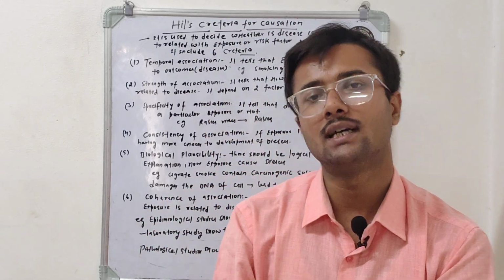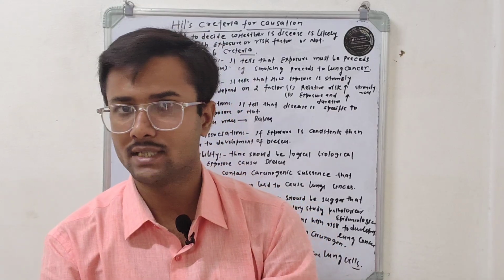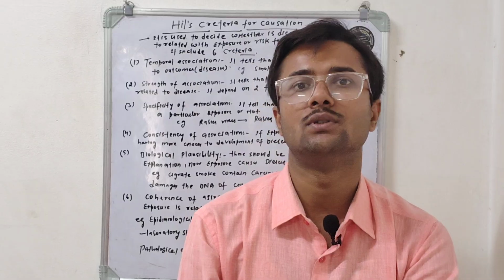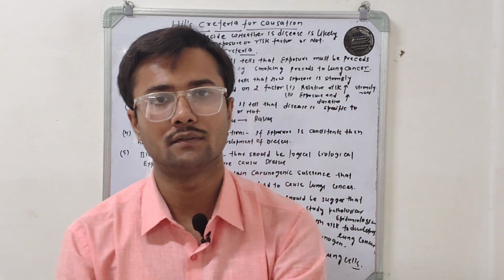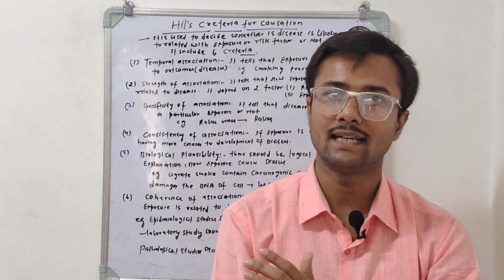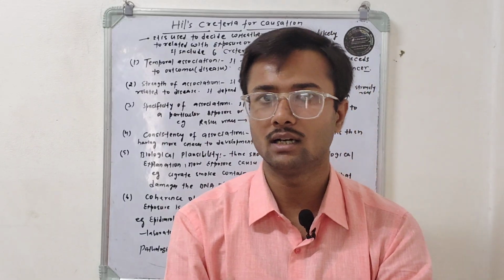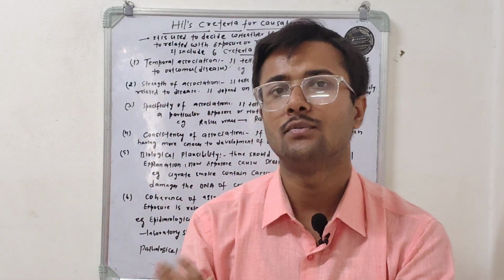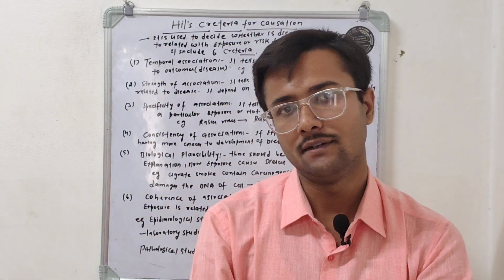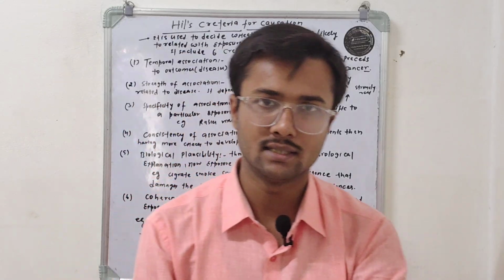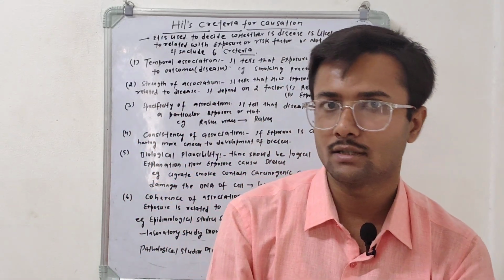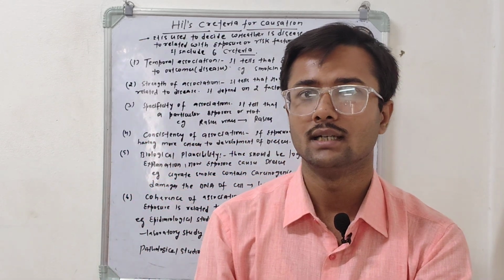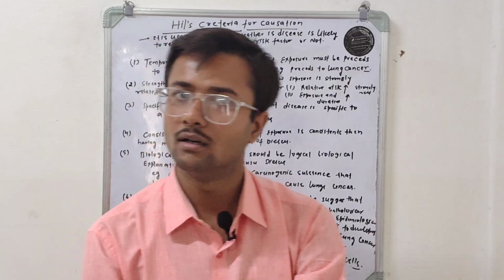If there is an exposure after the development of disease, that exposure is not considered under causality, I mean, as a causative cause. So if any person has a disease and this disease is due to the preceding exposure, then we consider that disease under Hill's criteria.